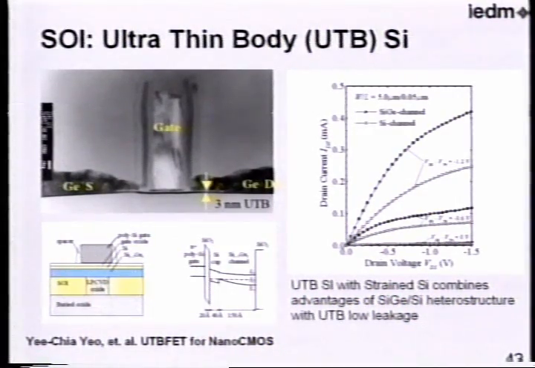So not only do you have the goodness of the SOI ultra-thin body architecture, but you also get the strain in it. And the question always is, will this thin layer then continue to hold the strain?